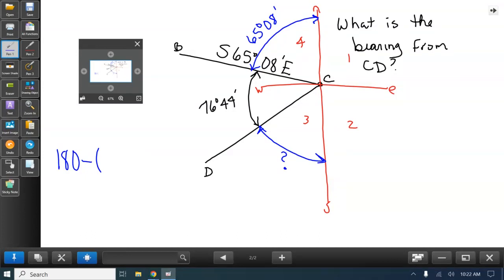We know these two angles, so we can add them two together and subtract it from 180. And I'm going to go ahead and write south and west.